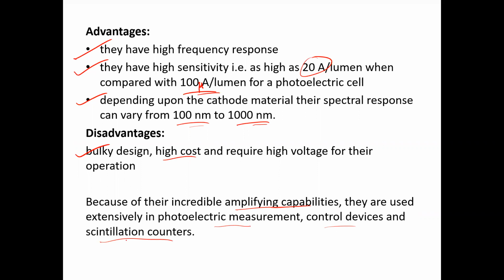A scintillation counter is a device which is normally used for approximating the amount of radiation. By light energy, it doesn't mean that the light is always going to come from sunlight. Suppose there is any radioactive material in some nuclear reactor or nuclear reaction.